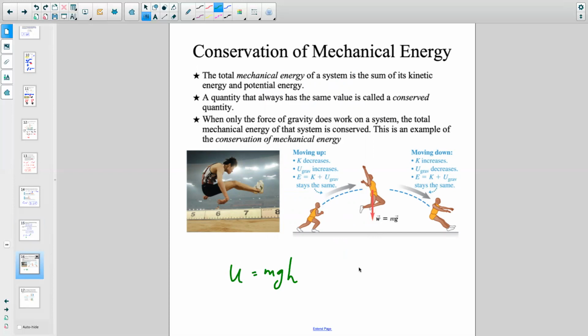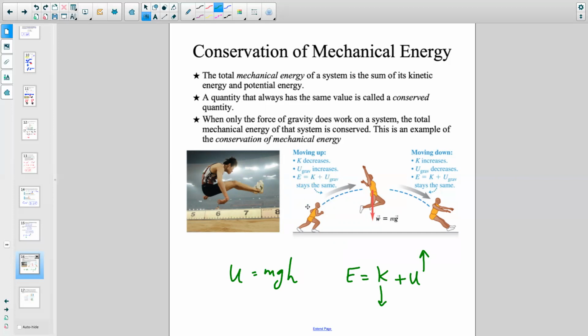If I want E to be a constant value, if U is going up, then K has to drop. So when he's going all the way up here, he's losing some velocity, some kinetic energy. So K decreases, U increases, but the value of K plus U will be the same.